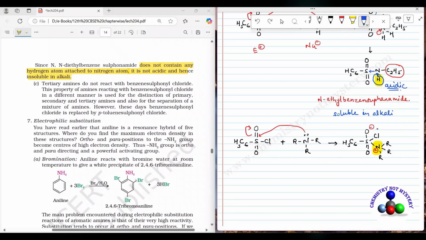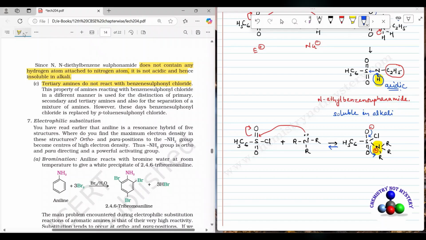So when this negative charge moves back between oxygen and sulfur, it expels this amine group. You will get the reactant back. That's why it is written here, tertiary amines do not react with benzenesulphonyl chloride. This property of amines reacting with benzenesulphonyl chloride in different manners is used for distinction of primary, secondary and tertiary amines, and also for the separation of a mixture of amines.